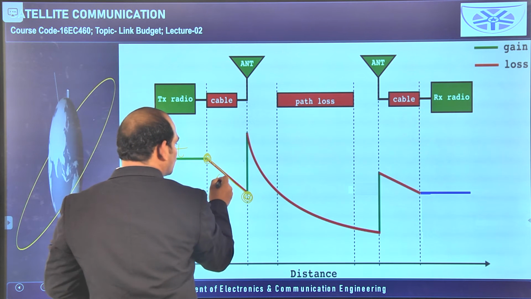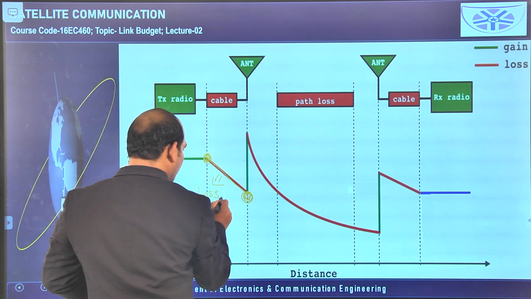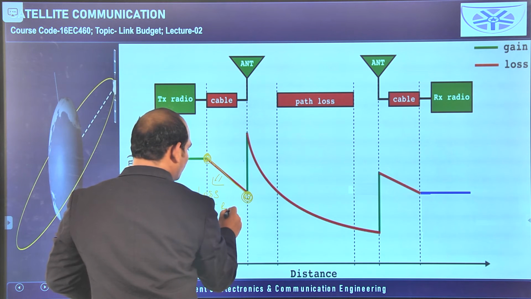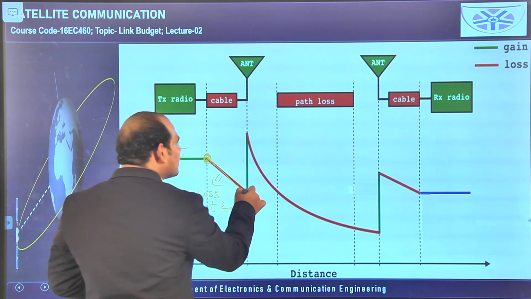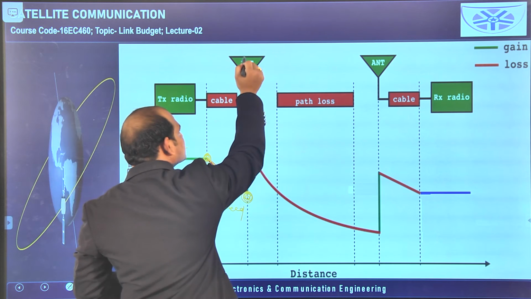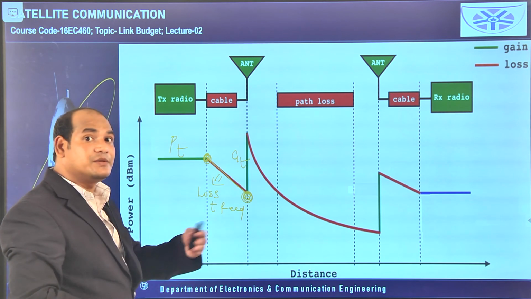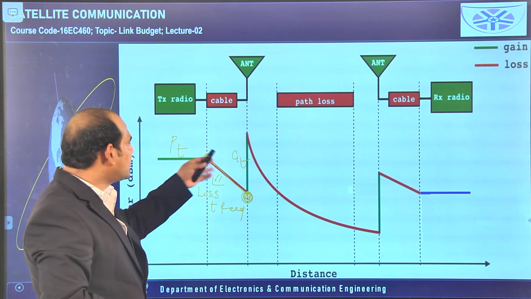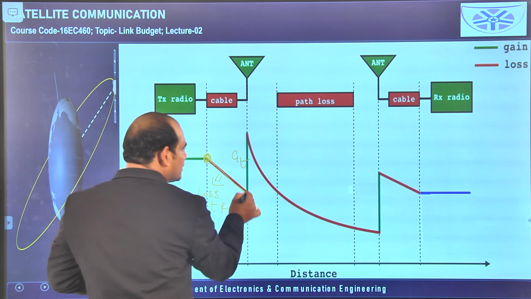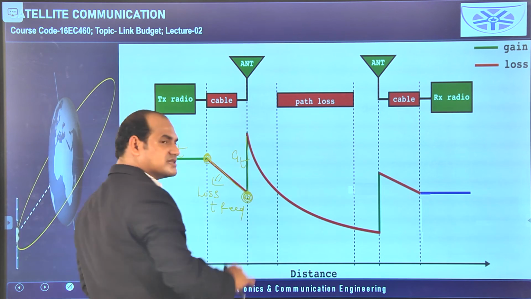This is due to loss on the transmitter side due to feeding. Then suddenly the value is increased. Why? It is because of the transmitting antenna gain GT. PT is multiplied with GT, so suddenly it is rising like this.